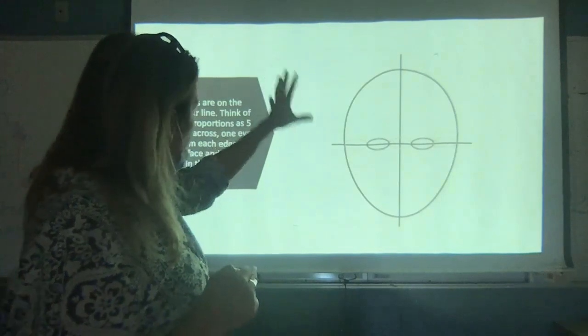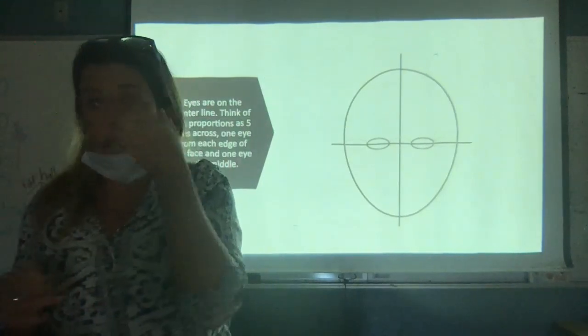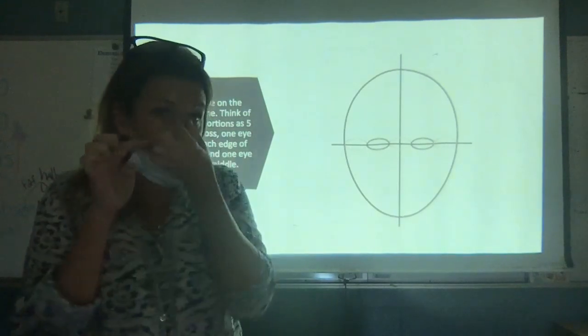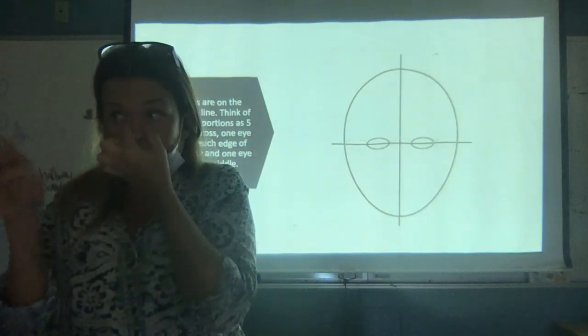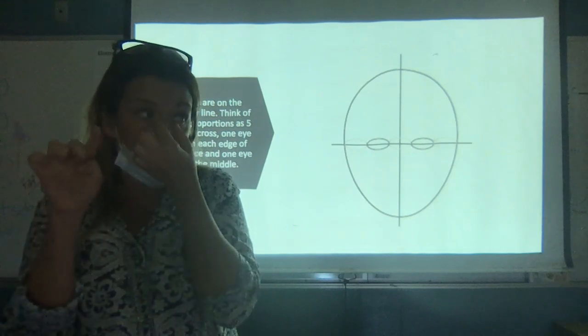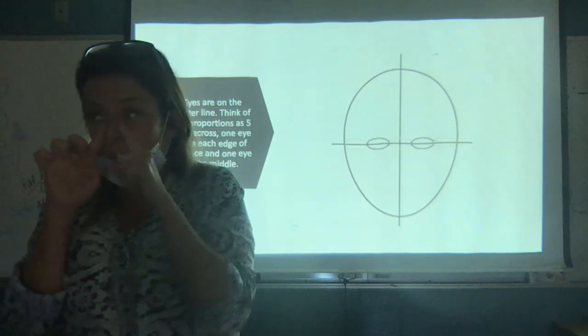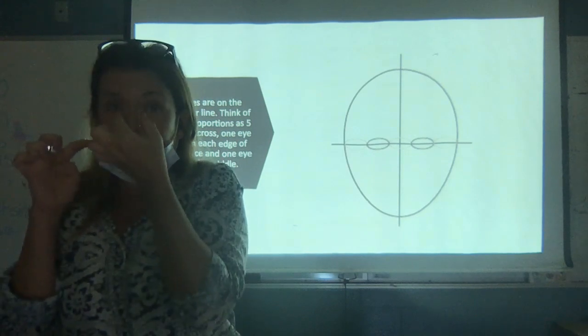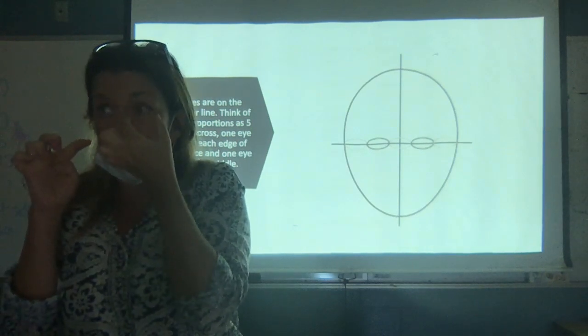There are 5 eye shapes across. You don't even know this, but I can look at every single one of you and we all have different widths between our eyes. The width between your eyes, where the little corners are, is the exact width of one of your eyes.